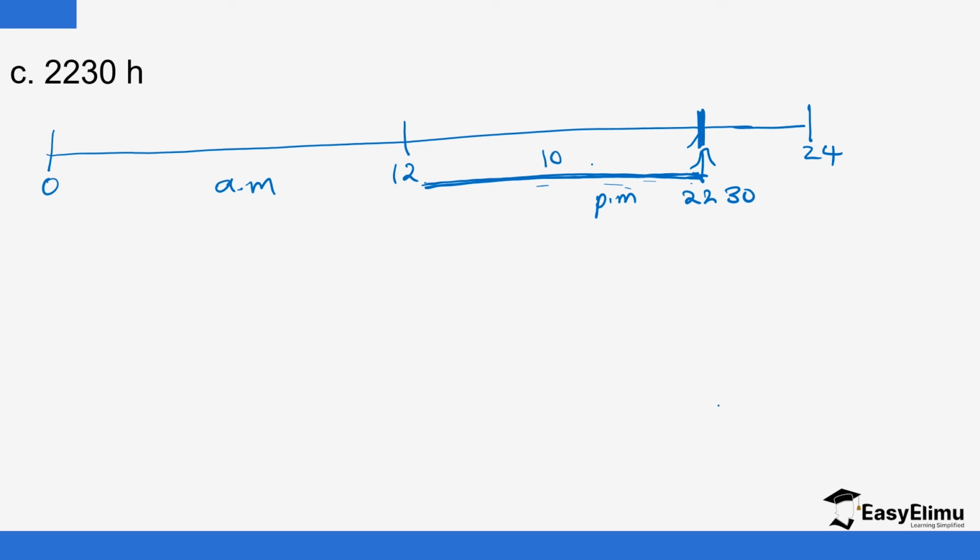These are 10 hours and 30 minutes. So we'll state that time as 10:30 PM. What we are doing basically is to find how many hours from noon. So that is 10 hours and 30 minutes, and we write it as 10:30 PM.